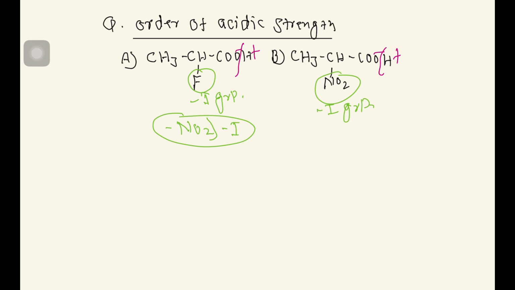NO2. So NO2 decreases more negative charge. So from here, easy removal of H plus will take place as compared to A. So here B is more acidic than A. So this is acidic strength of carboxylic acid.